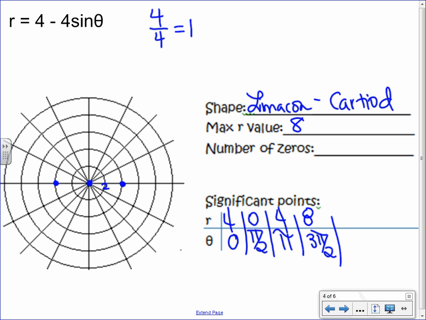We better get 8, right? And then 2 pi brings us back to 4.